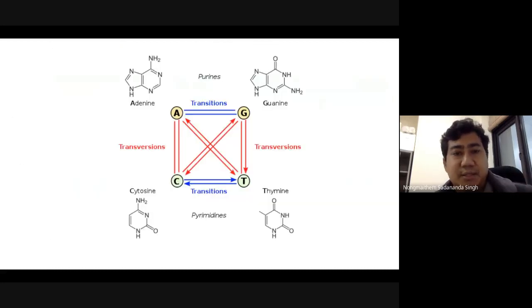So going ahead, I talked to you about transitions and transversions. Purine to purine or pyrimidine to pyrimidine are transitions, and if it is changed from purines to pyrimidines or from pyrimidines to purines, those are called transversions.